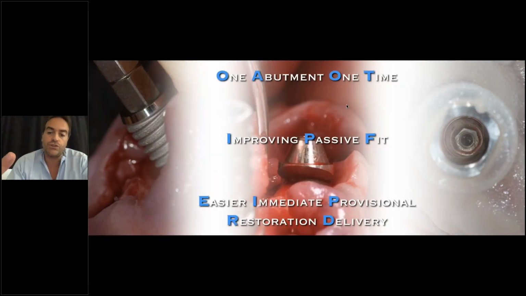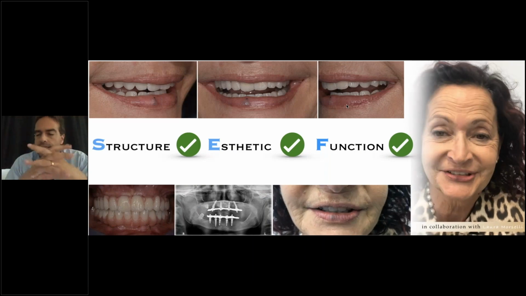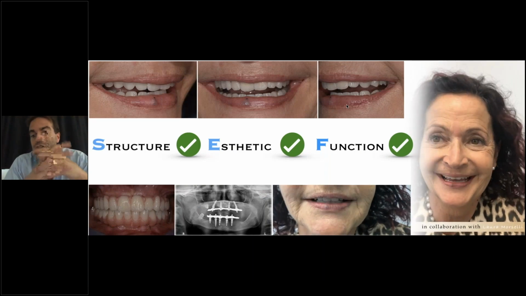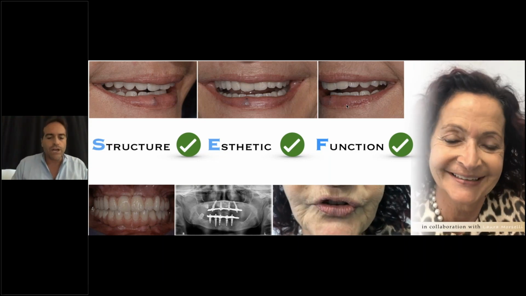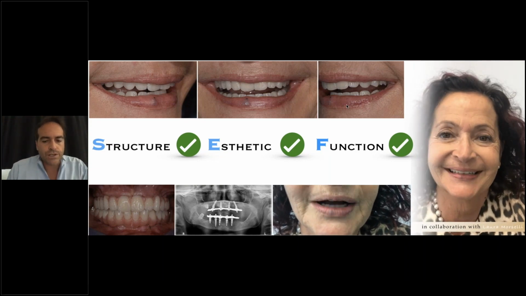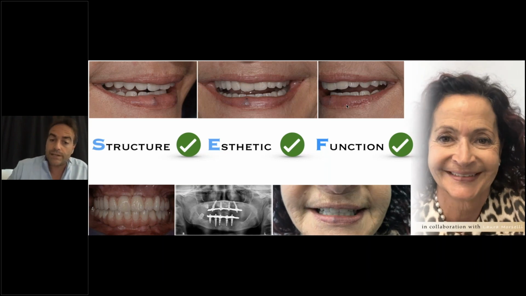Of course, we need to utilize multi-unit abutments, because multi-unit abutments in full arches are mandatory. You can appreciate that we can be accurate, but sometimes we have to hybridize the treatment plans in order to maintain this predictability, because unfortunately we are still not 100% predictable.